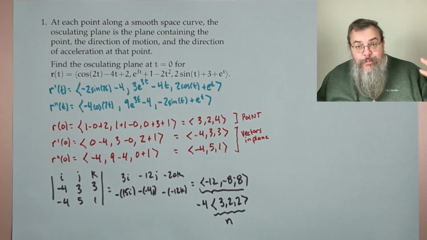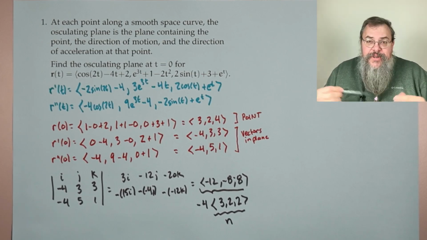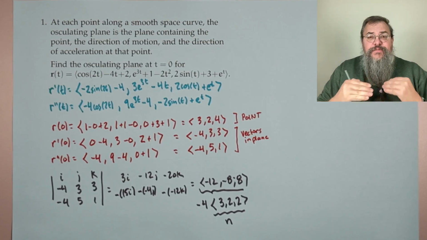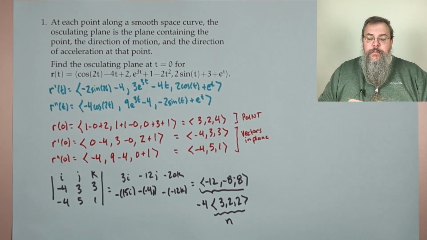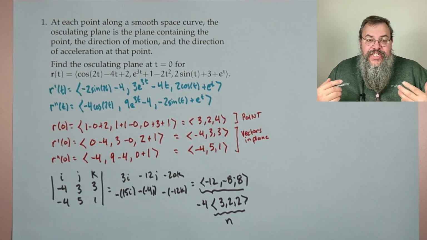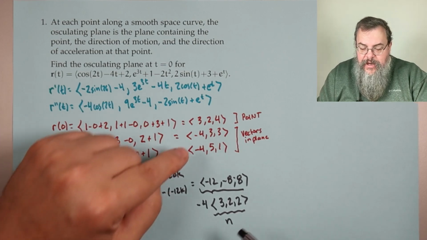Now, is this going to work? Because whenever you do computations like computing the normal, it's easy to make a small mistake. Just one mistake can derail us. But the nice thing is there are easy ways for us to check. What's the check? Well, you do the dot products.